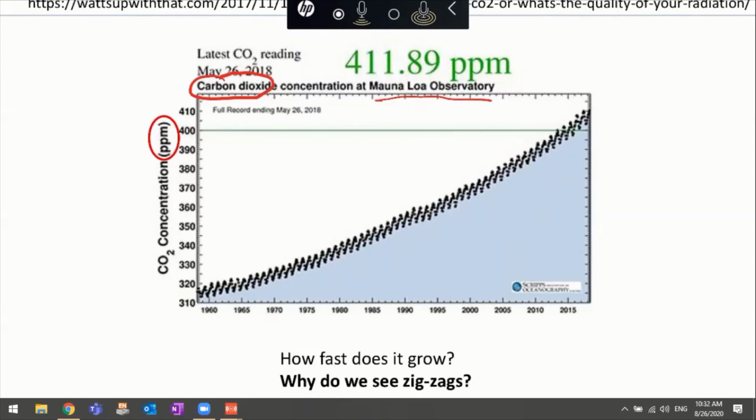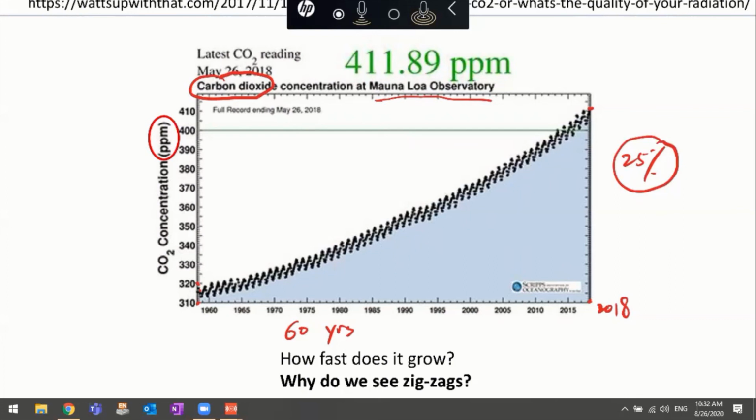The measurement started in the 1950s, and this data shows up until 2018. If you look at the concentration, it rises from around 320 to above 400. So during a short period of 60 years, how much did we increase? We increased by around 25%. This is very striking evidence showing that the carbon dioxide concentration is ramping up.